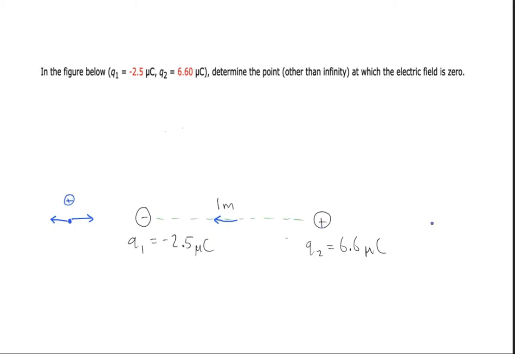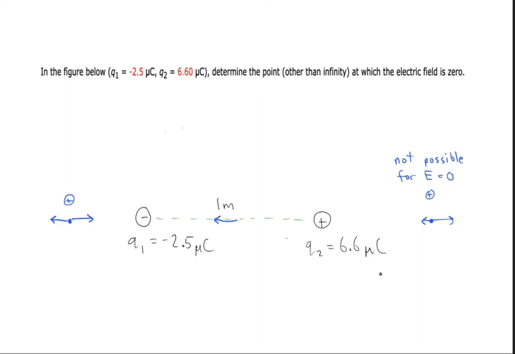And same kind of thing would happen over here. If you're a positive test charge, you would be repelled by the thing you're close to and attracted to the negative. But over here, it's not possible for E to equal zero.